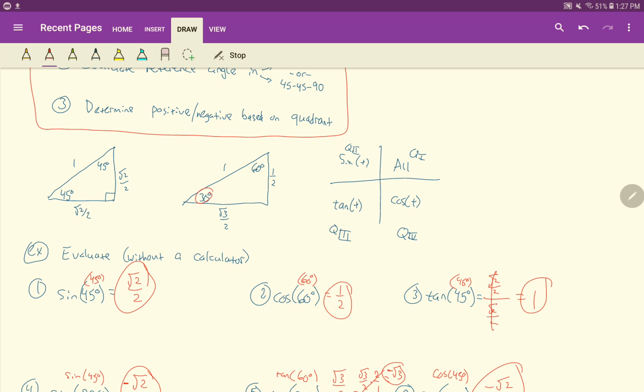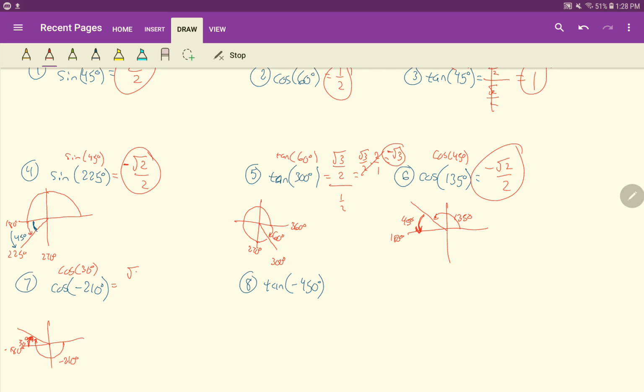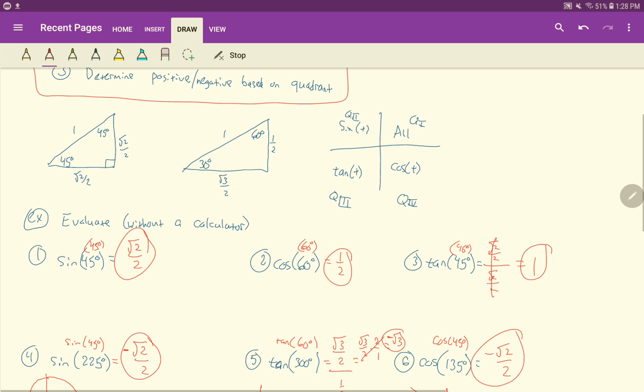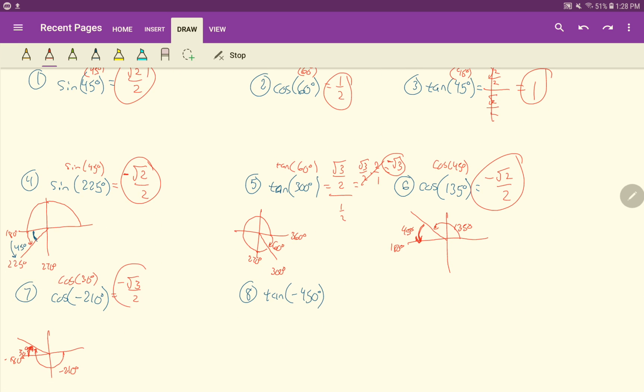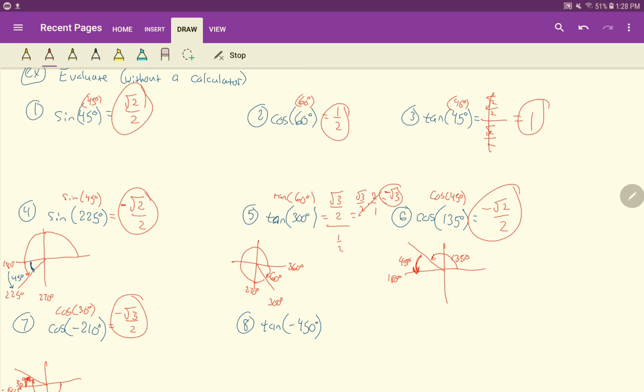Cosine right there is adjacent over the hypotenuse, so root 3 over 2 over 1. And then we are in what quadrant? We are in quadrant 2. Only sine is positive in quadrant 2, so this will be a negative root 3 over 2.